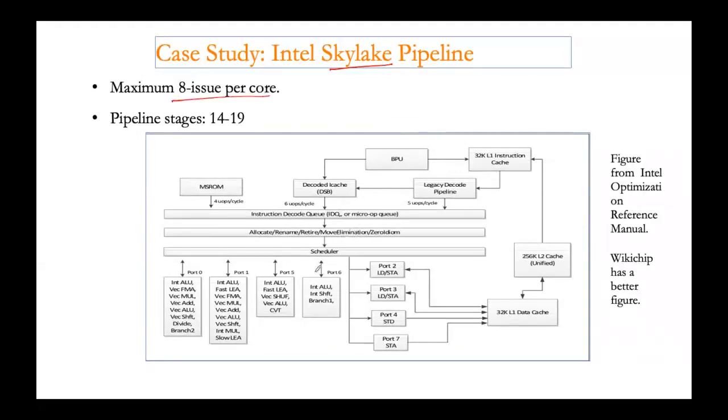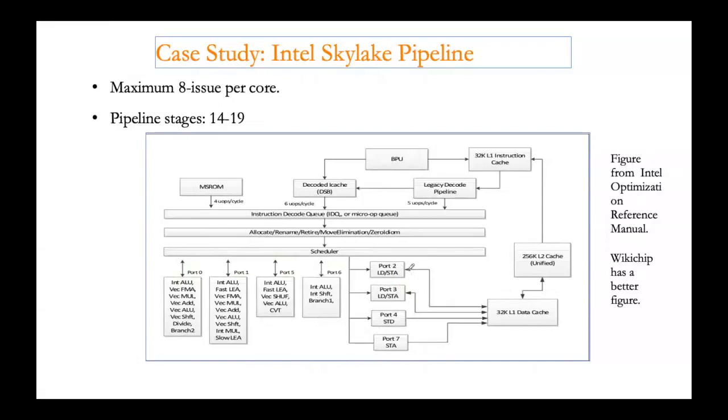Here you can see there are 8 issues: port 0, port 1, port 2, port 3, port 4, port 5, port 6, and port 7. So a total of 8 instructions can be issued per core, per cycle, in this case.